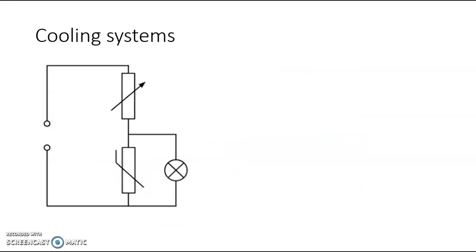But what happens if the thermistor is connected to something which is not in parallel? So if you are in parallel, you know that whatever is the voltage here, it is shared. But what about if the system is connected in series? So if I put a component here, let's call it a fan, and I'm connecting it to a thermistor like this.